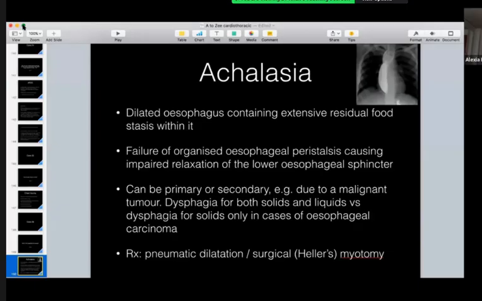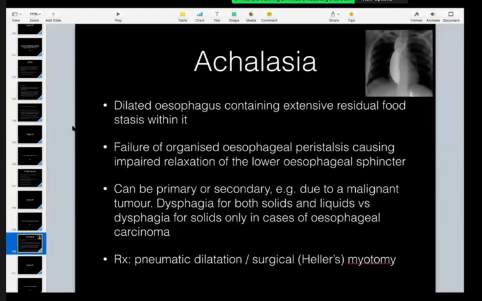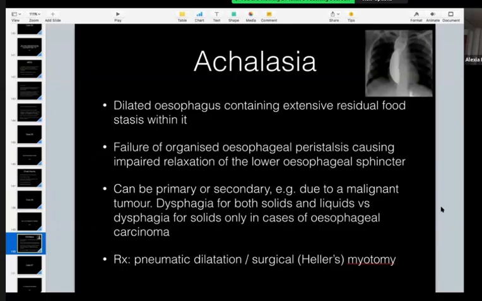There is a dilated esophagus containing extensive residual food which has been accumulating slowly within it. And this happens because of failure of organized esophageal peristalsis. So the lower esophageal sphincter doesn't relax adequately. It can be primary or secondary to another cause, such as a malignant tumor.